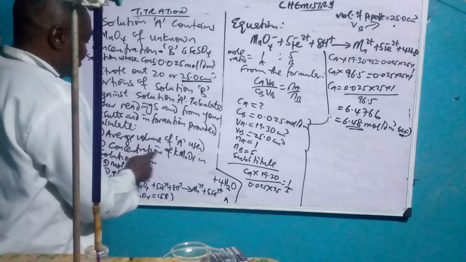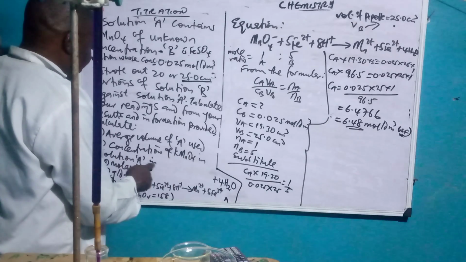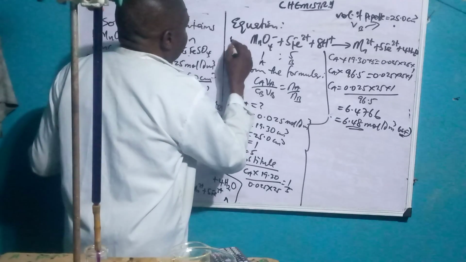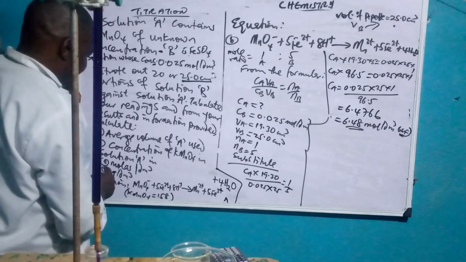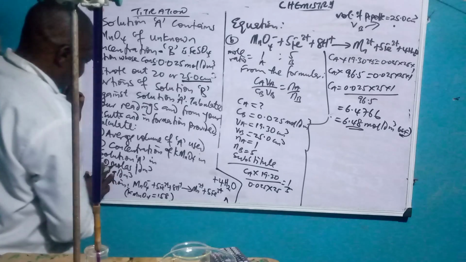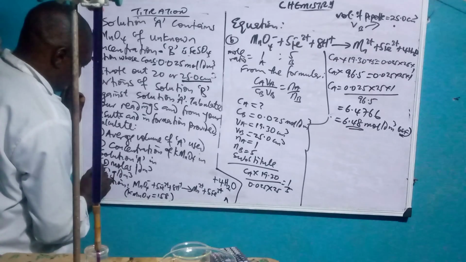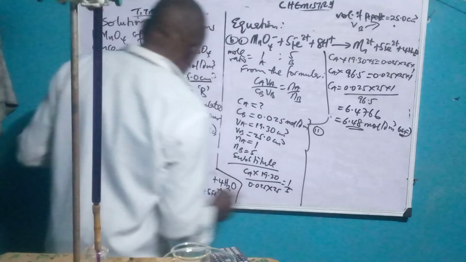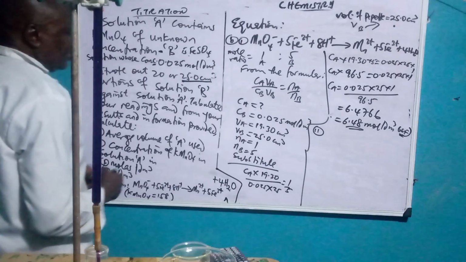So that's the concentration of K-4 in solution A in mole per dm cube. So we have done B. This is B. Then the last one is B1, B2. So B2 is said in gram per dm cube.